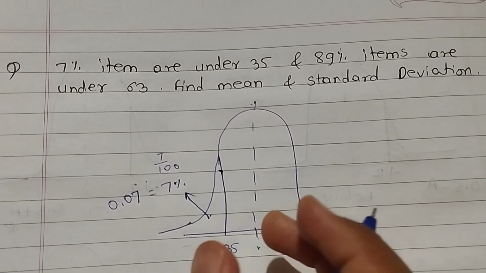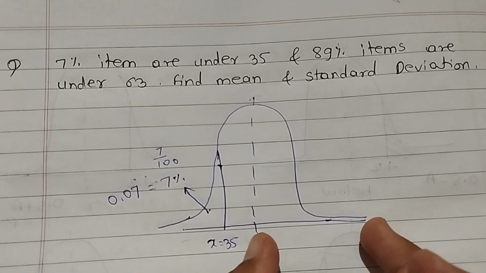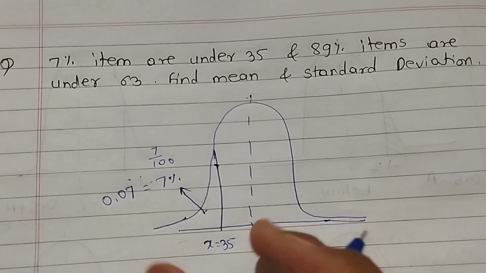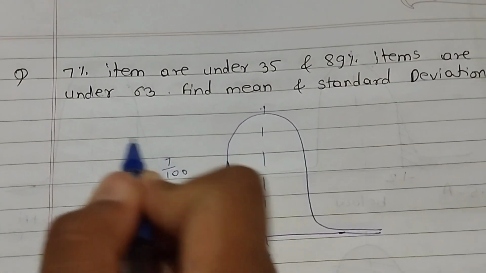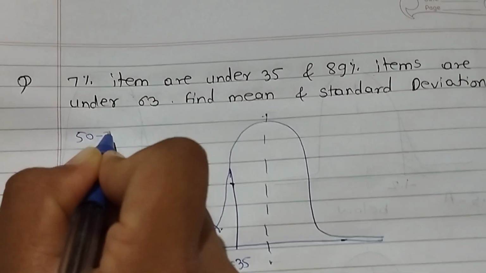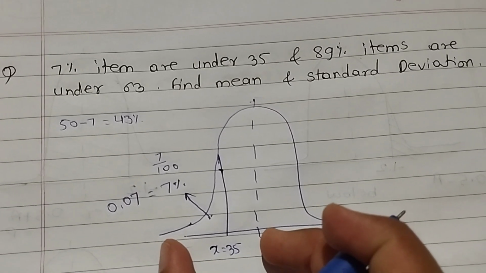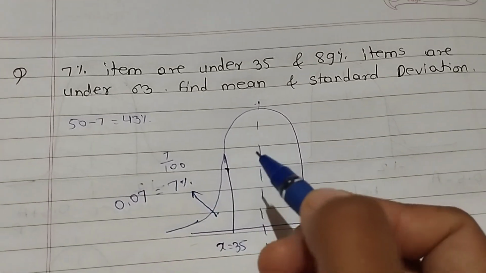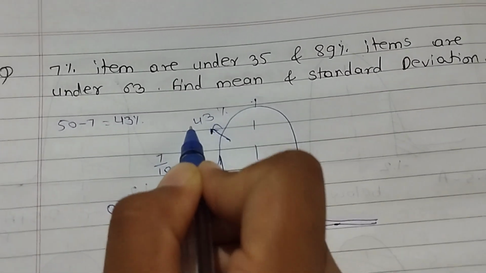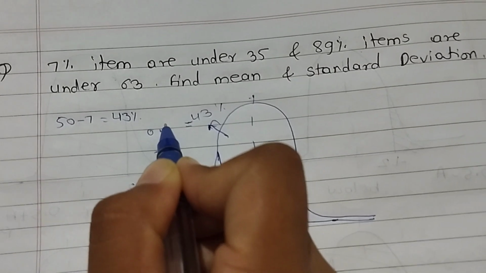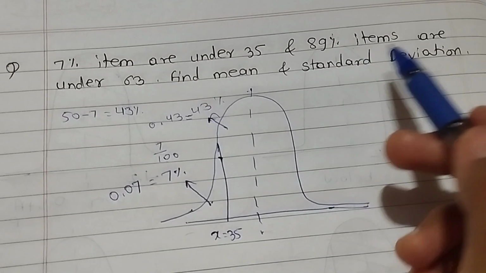Now if the whole portion is 100, then this half portion is 50, this half portion is 50, and from the 50 if we take this 7%, then the remaining is 50 minus 7, which is equal to 43%, which is nothing but 0.43.